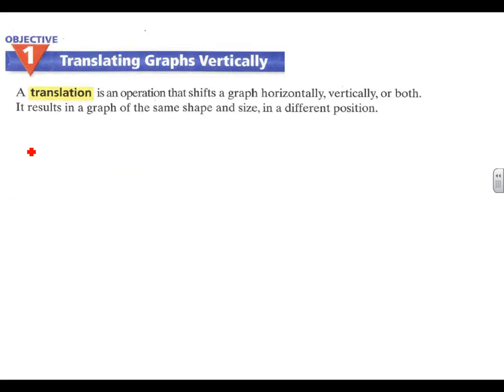So a translation. All a translation is, if we take some graph somewhere, so we've got something like this, and we move it maybe over here, right? We've translated it. In this case, we translated it down, and we translated it to the right.